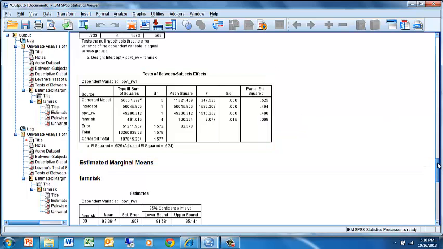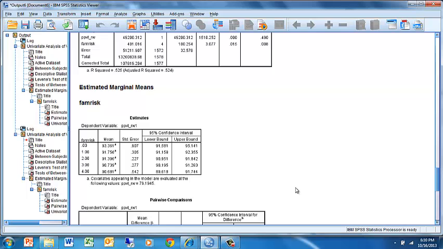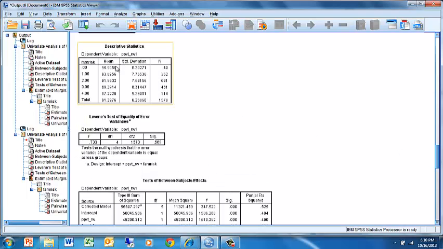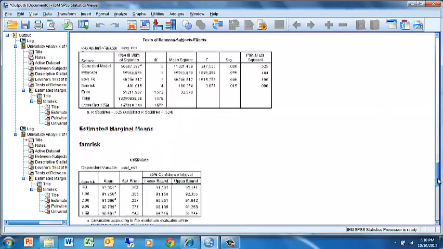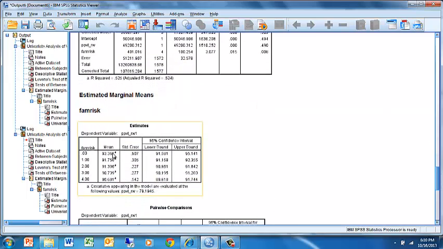We can look at our estimated marginal means, and you can see that they are different than the ones that we saw up here. See the unadjusted mean at family risk 0 was almost 97, and for 1 it was 94. We come down here and we see that these adjusted scores are significantly lower after adjusting for the differences in the kindergarten PPVT scores.